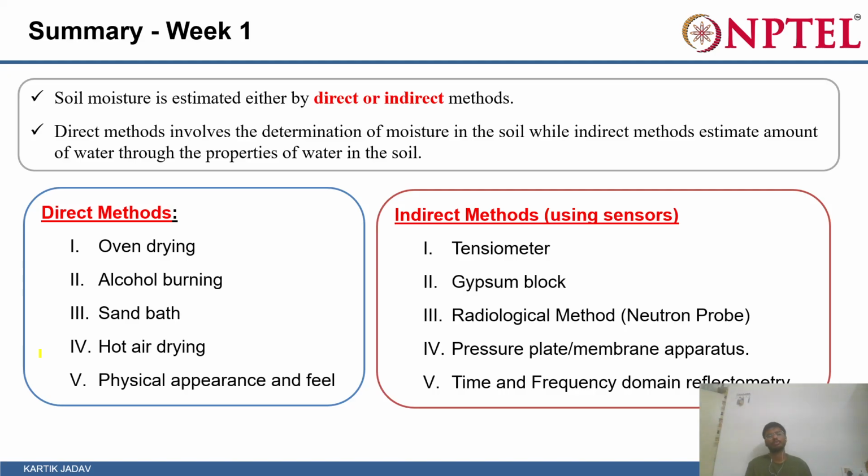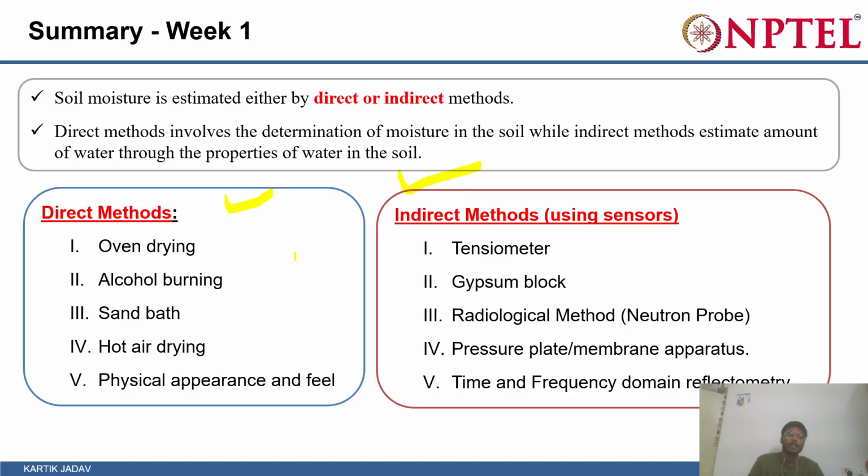So we have also looked over it, how soil moisture is defined. It is just the amount of water present in soil. There are different kinds of metrics or methods that we use for soil moisture measurement. Certain are direct, certain are indirect.